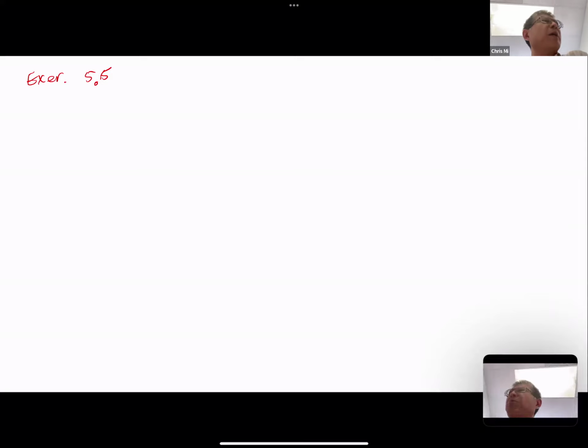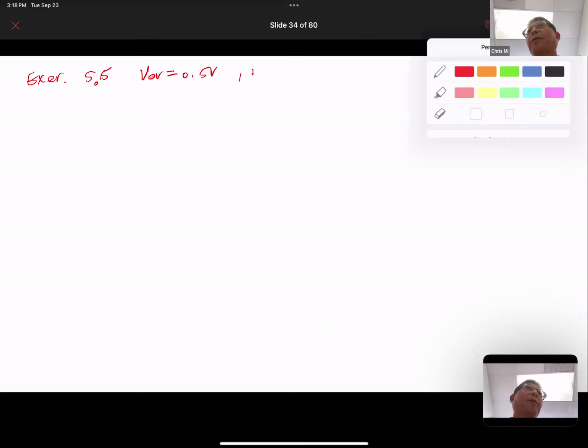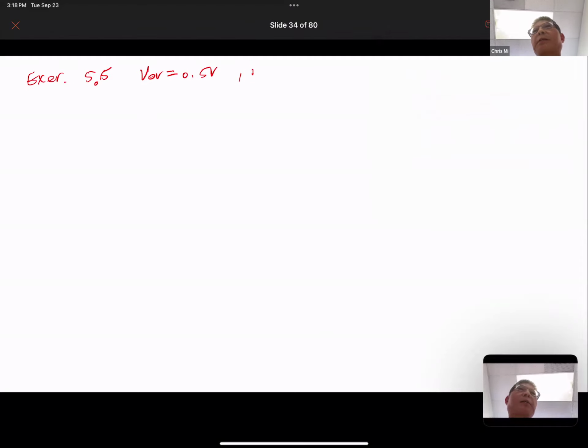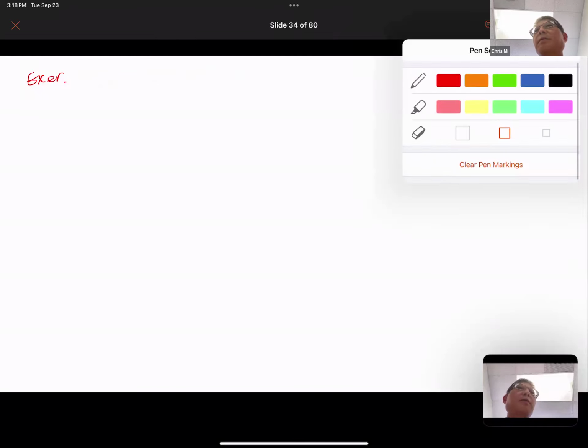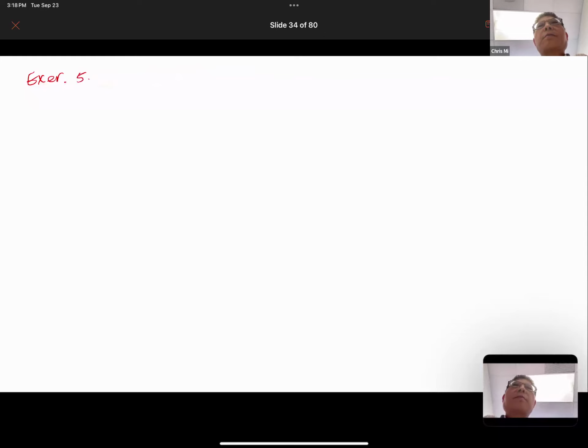It's an N-channel MOSFET, and the VOV is given. Oh, actually, we already did this one. Sorry, I'm looking at the wrong problem. I'm talking about 5.6.